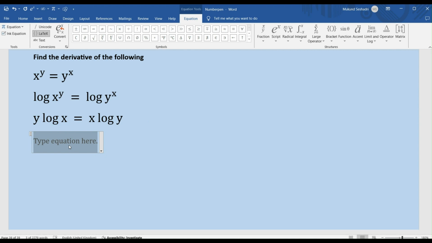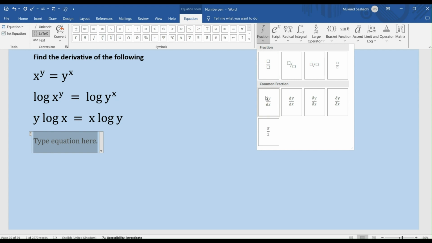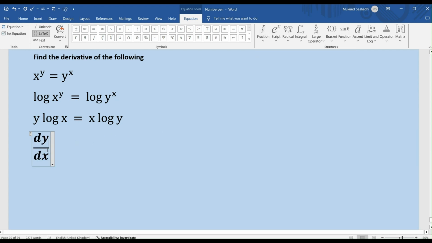So my LHS is what I'm going to begin with. My LHS, which is y log x, when I apply my rule, it becomes dy by dx into log x, I retain the second function as it is, and then I retain the first function as it is, which is y, and then do a differentiation of log x. That is nothing but d by dx of log x, we know from first principles, is nothing but 1 by x.